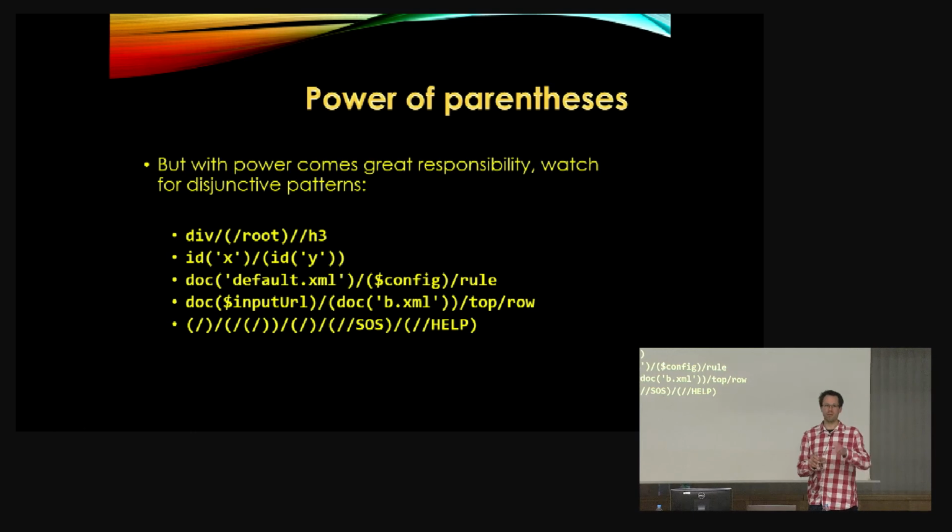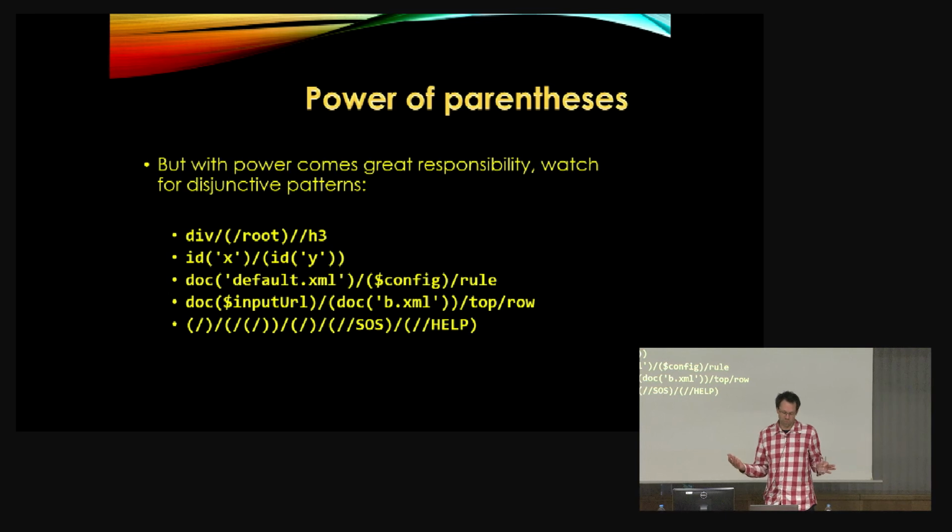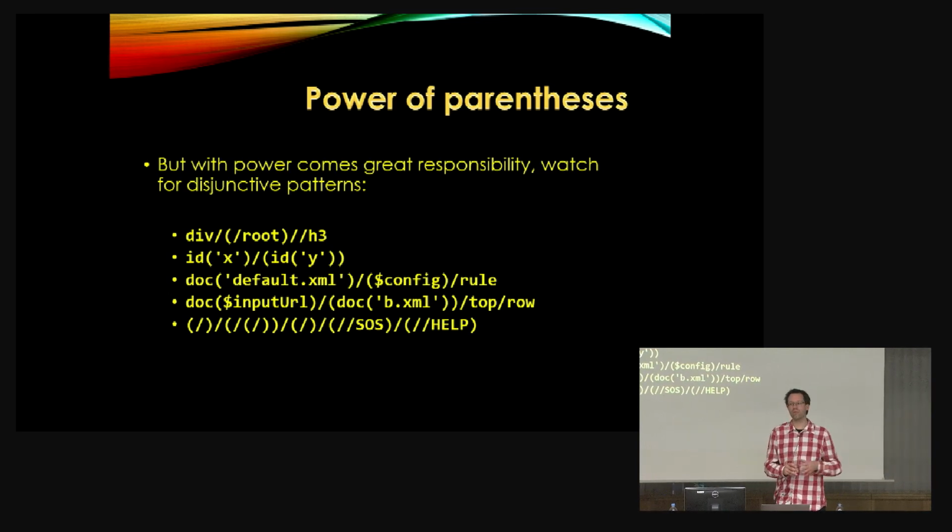So here you're saying the variable has to point to that document and it has the same path, and then you want the rule element. Maybe a use case is that when you have one specific document, you want to treat it differently than all the other documents that you're processing.